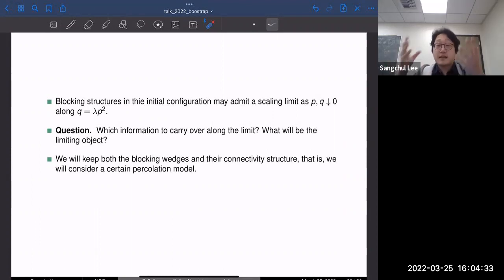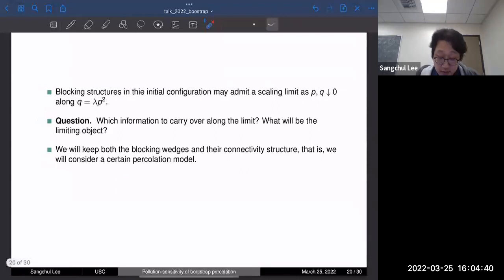In other words, what type of information do we want to keep along the limit as p and q go to 0? Well, certainly we want to keep both the information about the blocking wedges and their connective structures. In other words, we want to form another percolation model, where the grains are given by those blocking wedges and the connectivities are defined in a certain way. And then we want to consider their limiting percolation model.